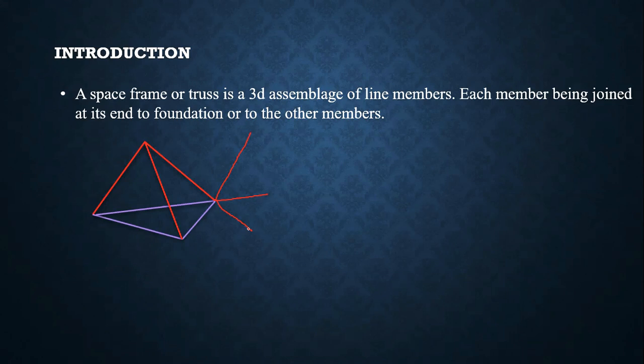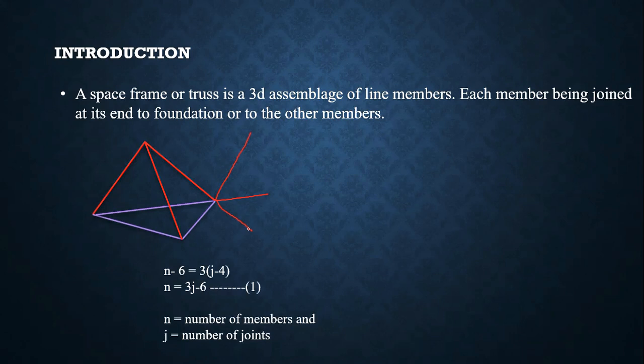The relationship between the number of members and the number of joints can be expressed by this equation: n minus 6 equals 3j minus 4. 6 because we have 6 members and 4 because we have 4 joints. So concluding this, n equals 3j minus 6. I think you all are familiar with this equation because we use it to find out the indeterminacy of the structures.